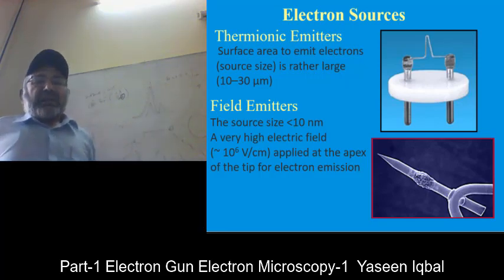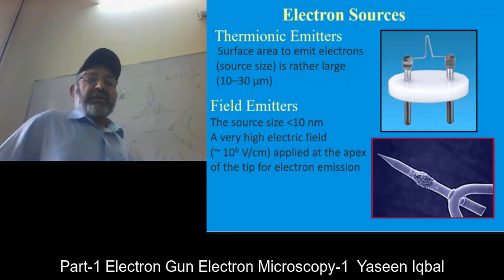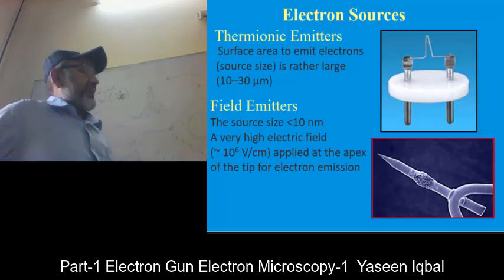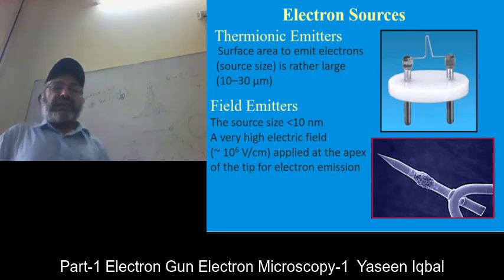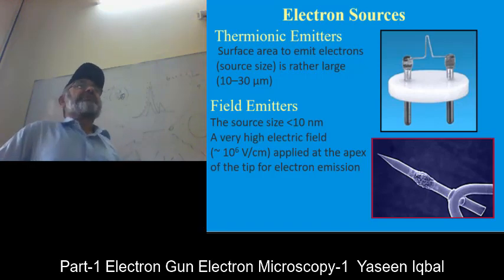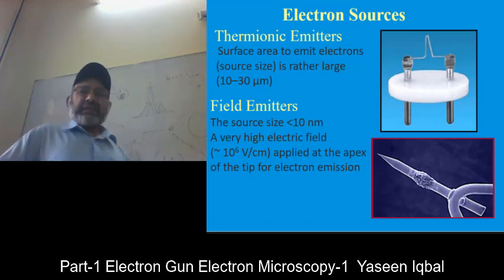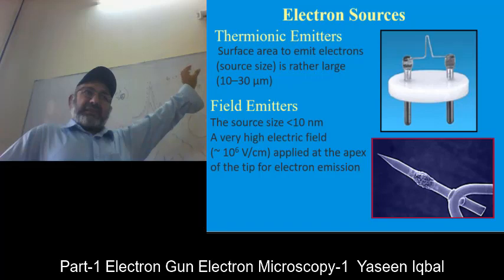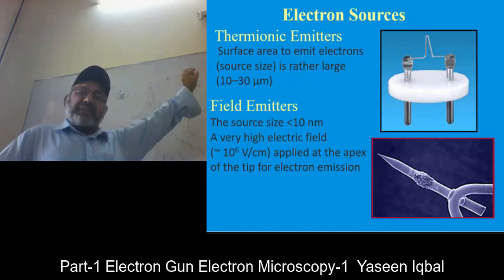So when the electrons are available on the surface of the material, you need less energy to take these electrons out. In thermionic emission, the surface area emits electrons and the source size is rather large, about 10 to 30 micrometers, the tip from which the electrons are emitted.